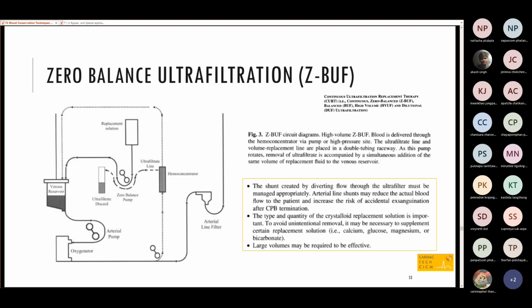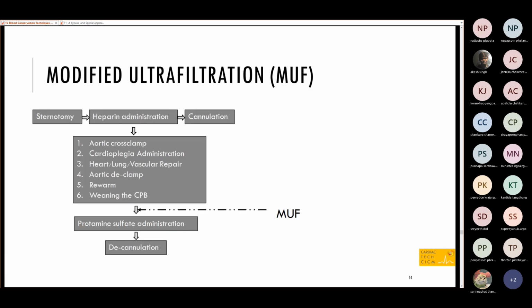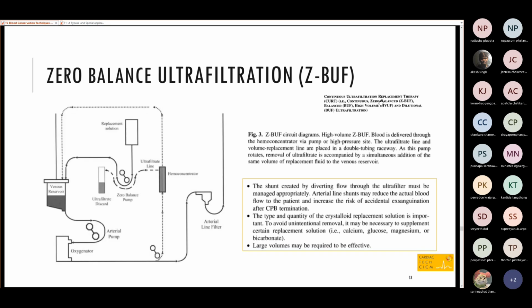All right. It is also used to remove other unnecessary small molecule content.